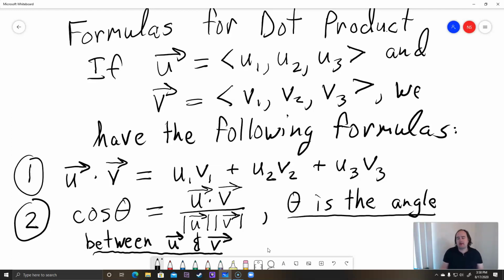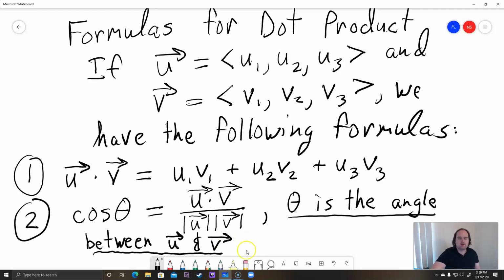Now, how do you find that angle? Well, in most problems, they won't be asking you to just find the angle randomly. You'll be able to figure out what the dot product is, and then you can use this formula to actually find theta. Or sometimes they'll just ask you to find cosine of theta. So those are probably the two most important formulas for dot product, and we may learn some other ones later, for example, vector projections.